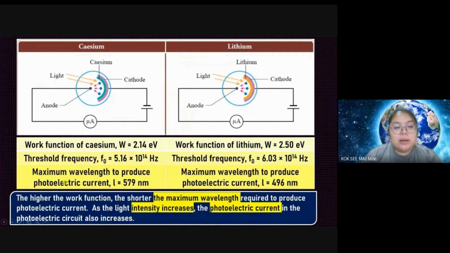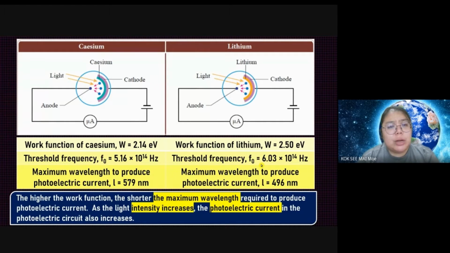So you can compare the wavelength produced by the photoelectric current: 579 is for calcium and 496 for lithium. So the maximum wavelength to produce a photoelectric current for lithium is 496. The wavelength becomes shorter, but the threshold frequency is higher. So remember, find out the work function.